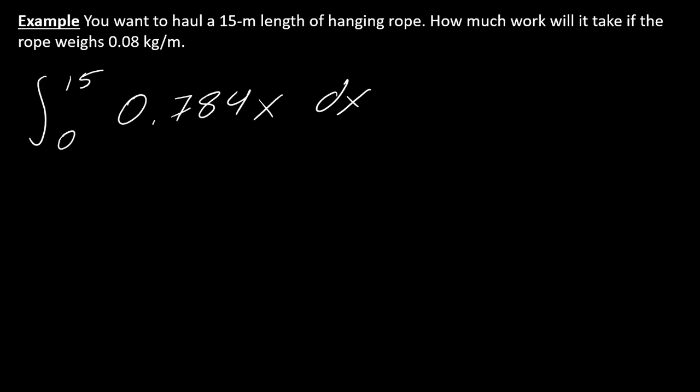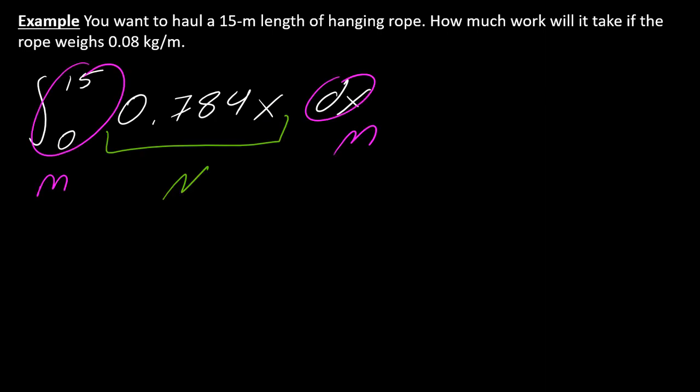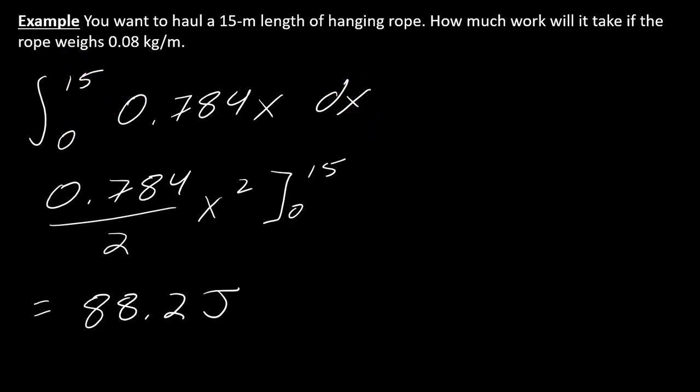And as far as integrating this, it's still the same idea. I could have called this x, or I could have called this 15 minus x. I just integrate this. Once again, this is a function that's just in newtons. These parts here are what bring in my meters. So after I integrate, I get 88.2 joules or newton meters.